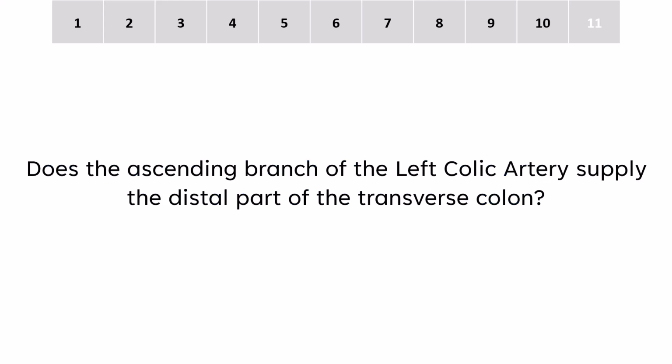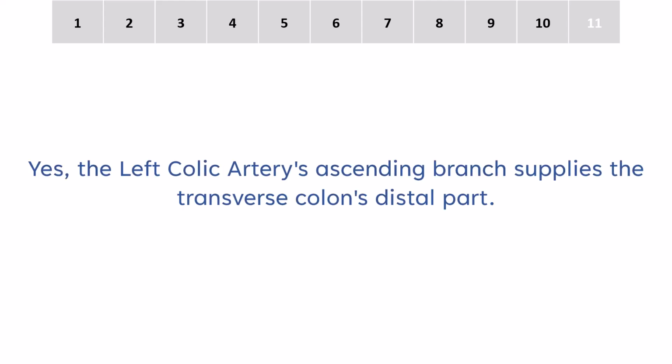Does the ascending branch of the left colic artery supply the distal part of the transverse colon? Yes, the left colic artery's ascending branch supplies the transverse colon's distal part.